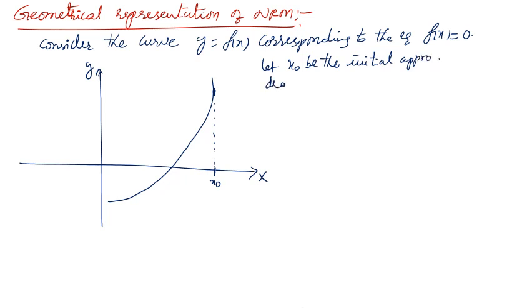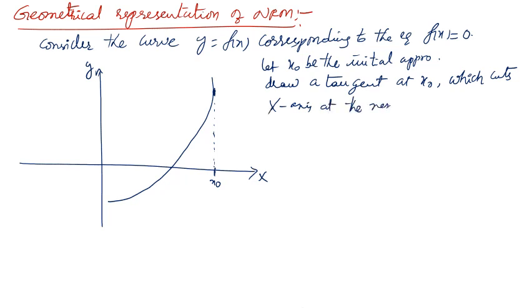Draw a tangent at x0 which cuts the x-axis at the next root x1. If at this point I draw a tangent to the curve, this is x1, the next approximate root.